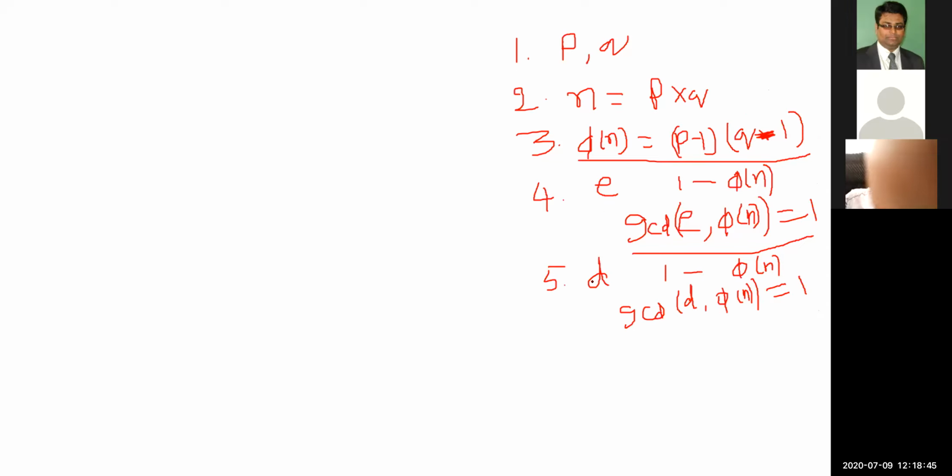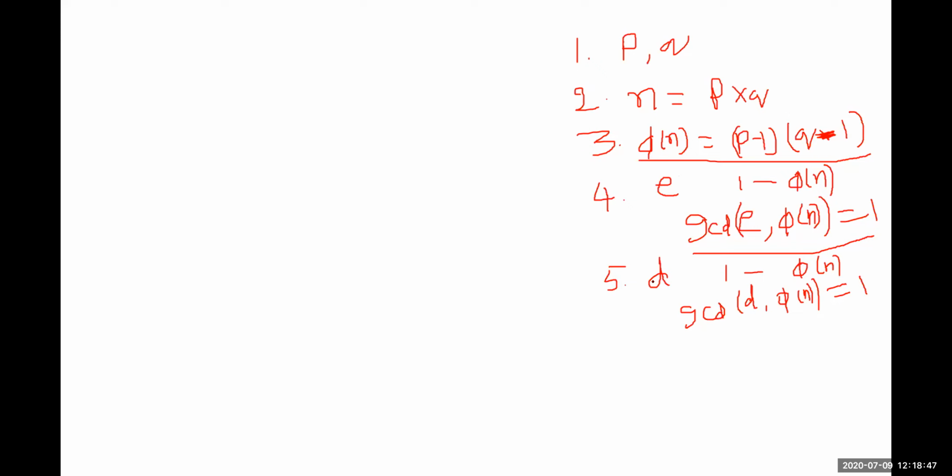After selection of these, you have to publish the public key and keep the private key with you. The sixth operation is the public key, which is equal to E comma n. This is the public key tuple.